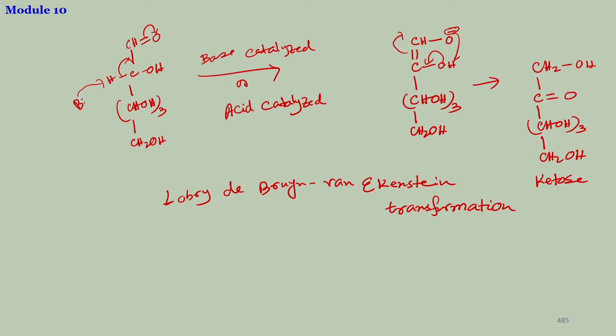And this transformation is used for epimerization at the C2 position, if you consider the CHO as C1.